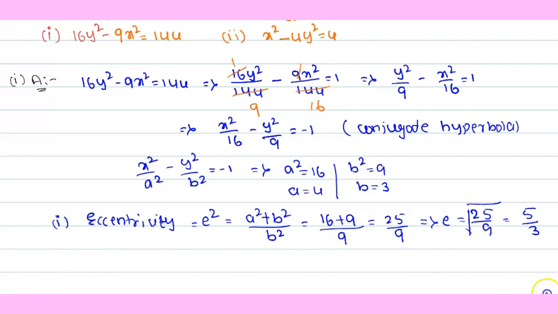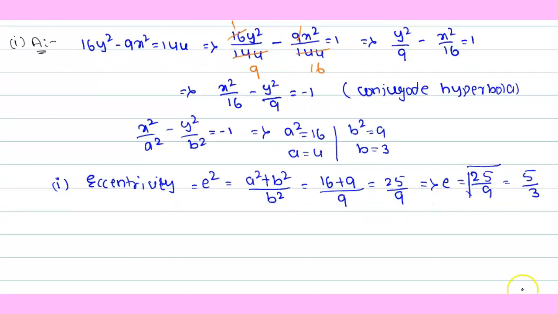Right? And the second condition he is asking is foci. So here, the second formula is foci. Foci is equal to 0 comma plus or minus b e.